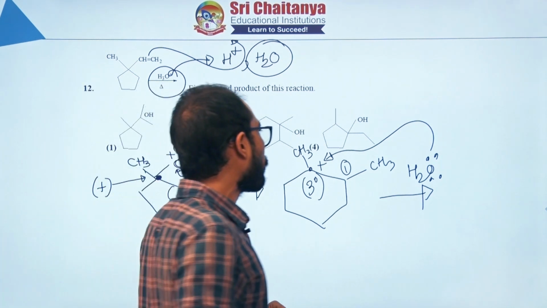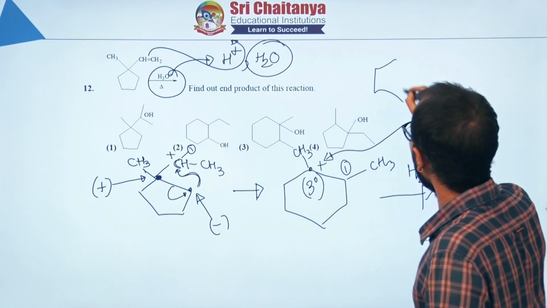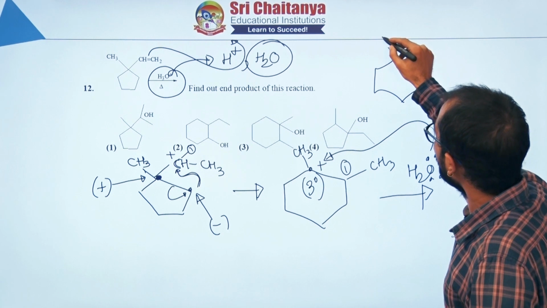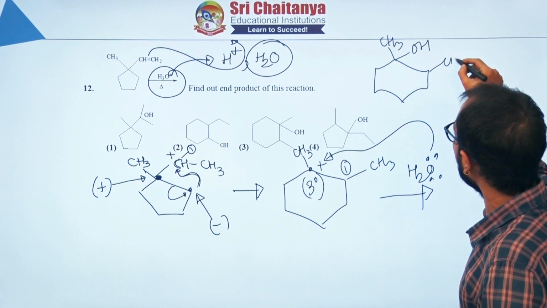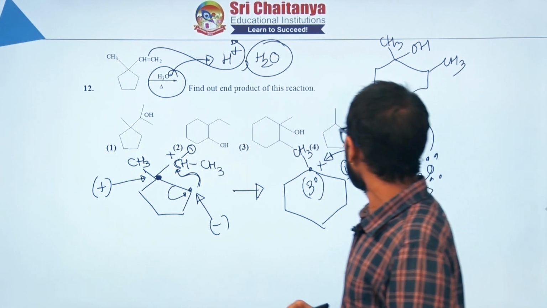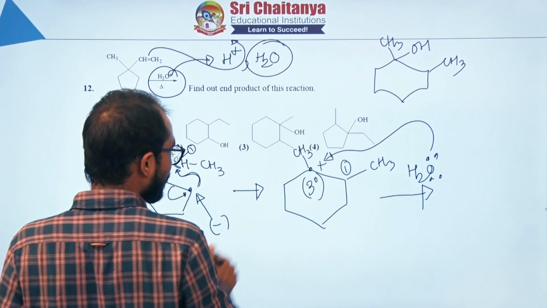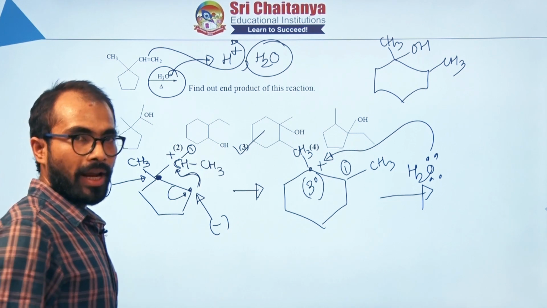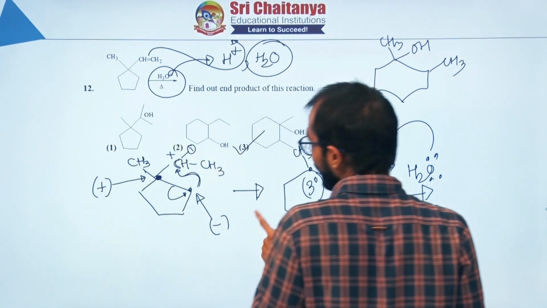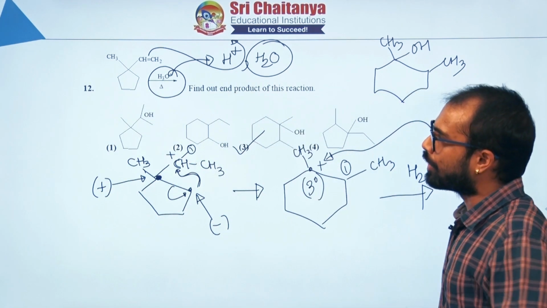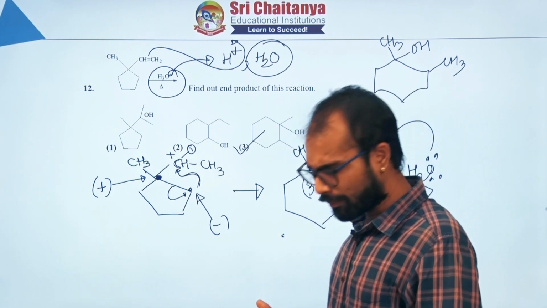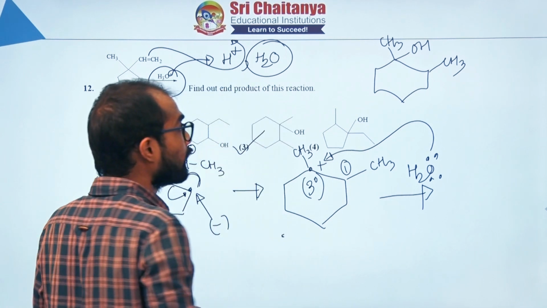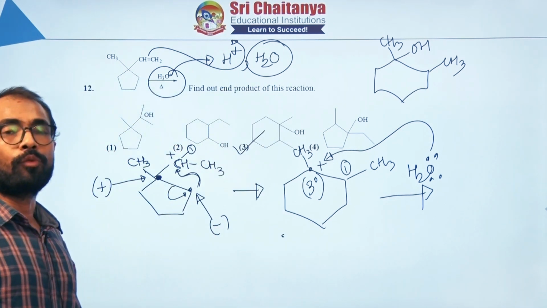So finally you are going to get here an OH, along with this CH3 which is already there. Now as you can see from the options, which option is clearly stating this? I think option number 3, right. So here 2-3 things are there. One is the electrophilic addition reaction of alkene, second is the ring expansion that is related to carbocation stability, and third is the nucleophilic attack of water, right.